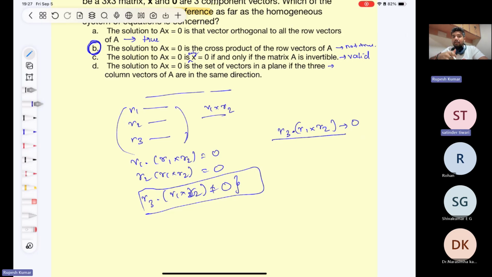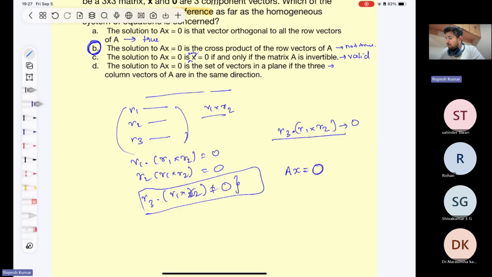Okay, you are saying if the matrix is zero, right? No, the x vector. If A is a singular matrix, right? So is it confirmed that we are going to get x equal to zero plus other solutions also?